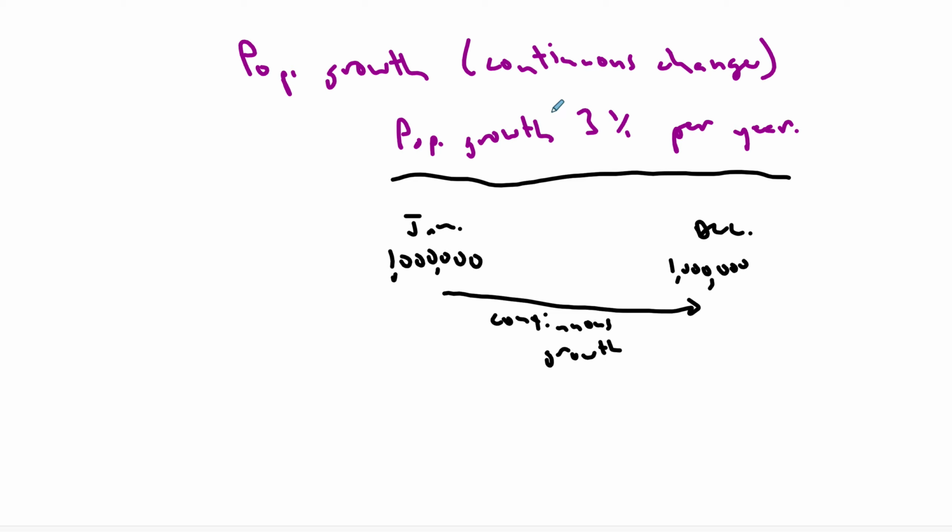Now it's going to be in fits and spurts, but you're going to have a 3% increase, which is 30,000 kids that we'd have added. That would be our population by the time December hit. We'd see a 3% increase over the course of the whole year, all right? So that's what we get where we have continuous change.